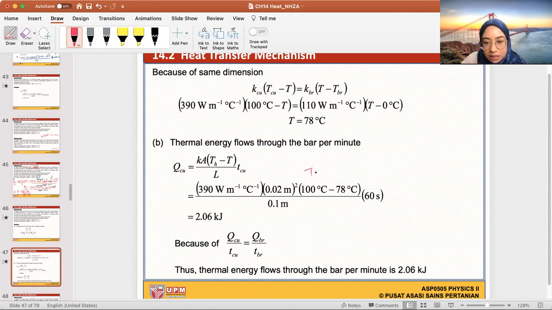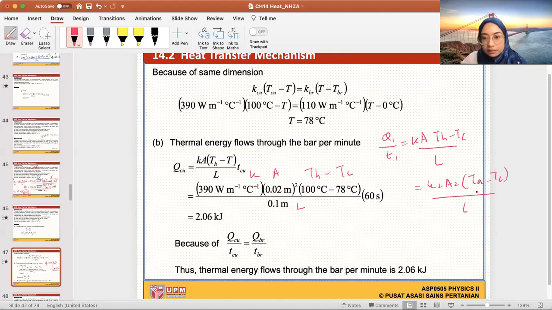Because this guy is TH minus TC. This is your A, this is your K, and this is your L. Why does this work? Because Q over T is K, this is Q1 over T1 is KA TH minus TC over L, which is the same as K2 into TA minus TC over L.